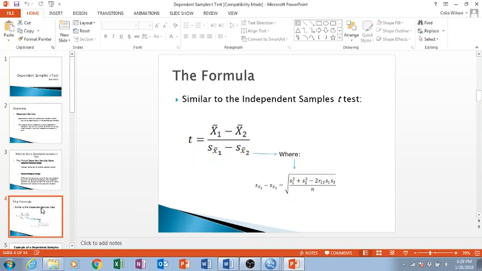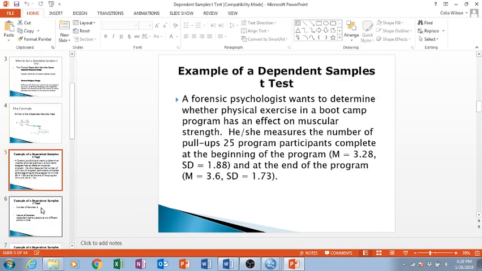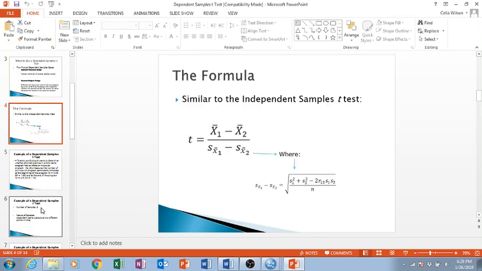It is similar to the independent samples t-test, so we'll look at that in a couple of minutes. But for a dependent samples t-test, what we're looking at is occasion 1 and occasion 2. Here's sample 1, pre-test, and then sample 2, post-test. And then instead of having one estimation of the standard error, we're having 2, and we divide and we subtract.